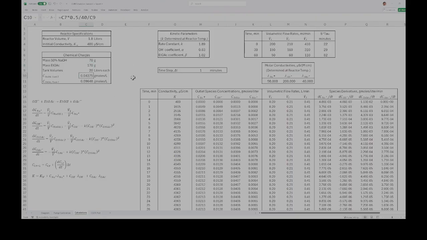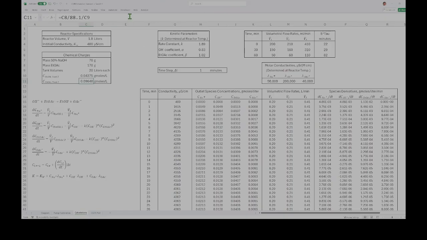The concentration of sodium hydroxide in that tank can be calculated, where it will be equal to the mass of sodium hydroxide. Its concentration is 50%, so we would have to multiply it by 0.5. We would divide it by its molecular weight, which is 40, and divide it by the volume in that particular tank.